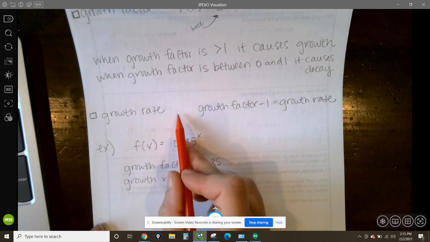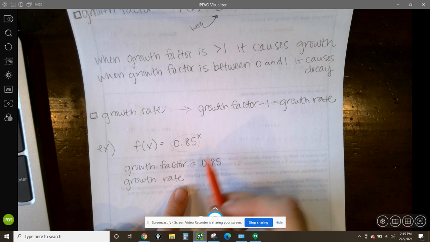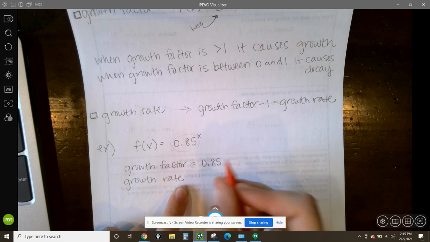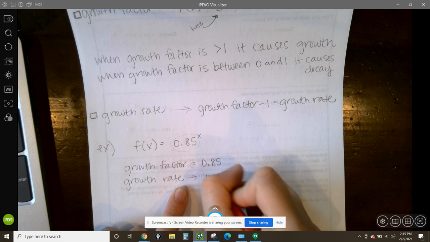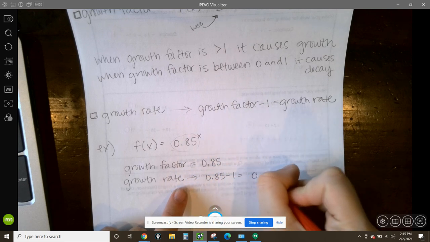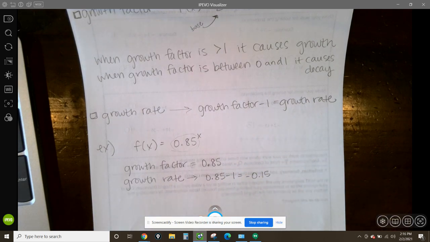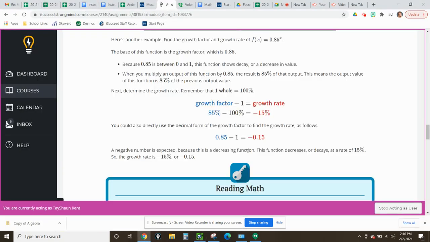Okay, growth rate. So growth rate we wrote right here is the growth factor minus 1. So we need to take 0.85 and subtract 1. So we're going to go 0.85 minus 1. So I get negative 0.15. Okay, so let's go back here. And that's what they got too, negative 0.15.